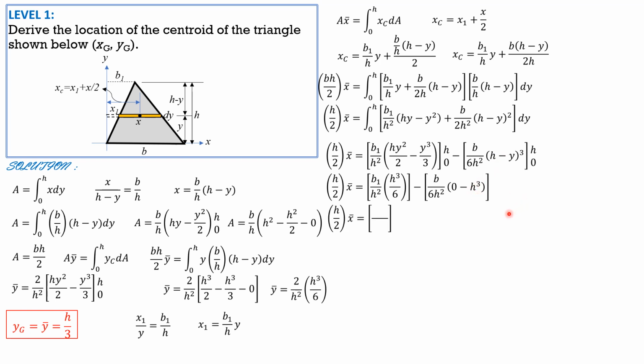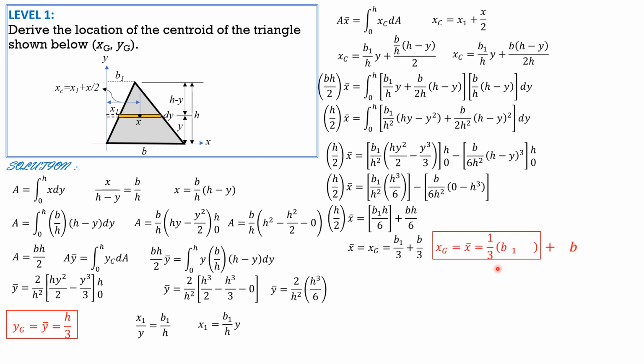Simplifying further, h over 2 bar x equals b1 h over 6 plus b h over 6. Cross multiply and simplify, so that means bar x, or x sub g, equals b1 over 3 plus b over 3.